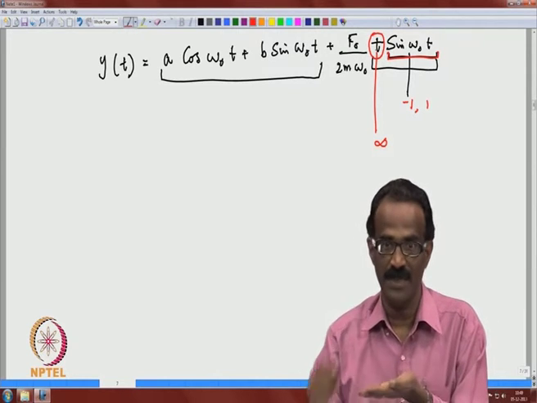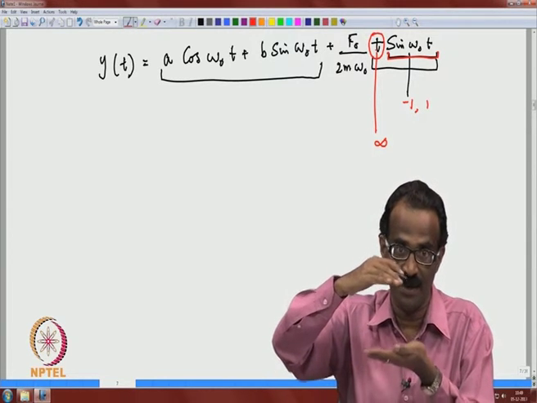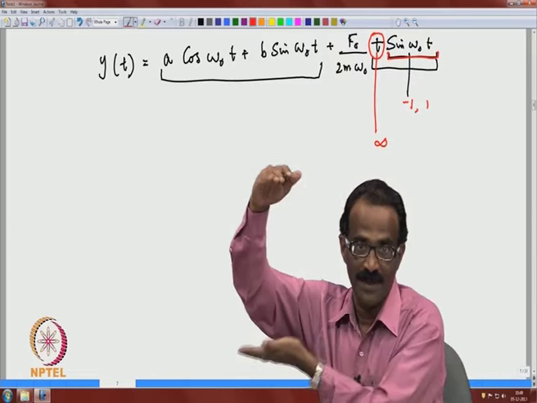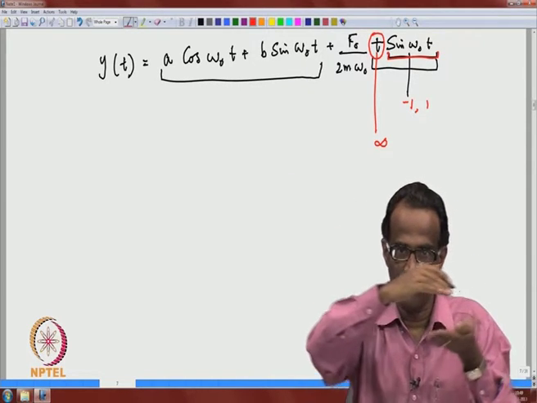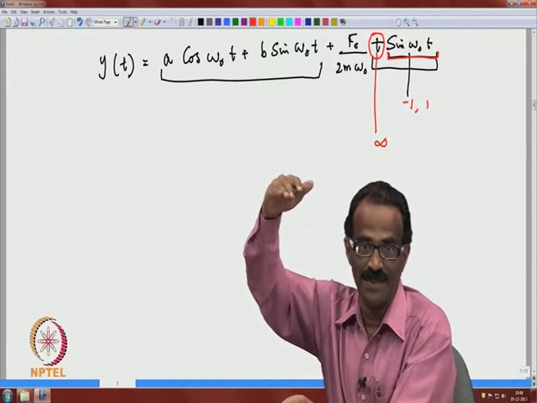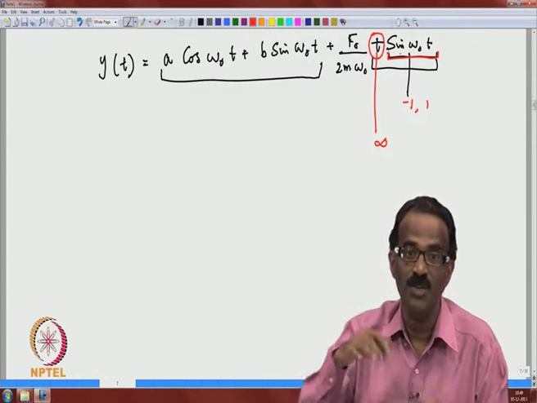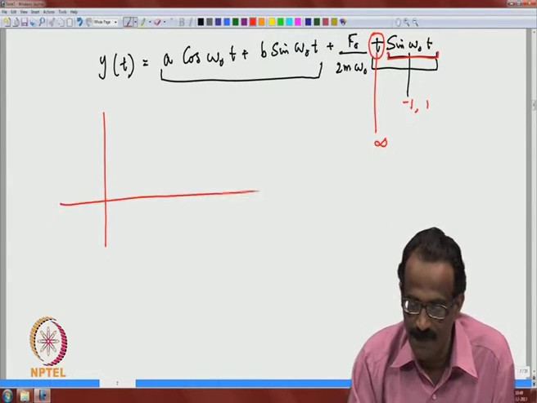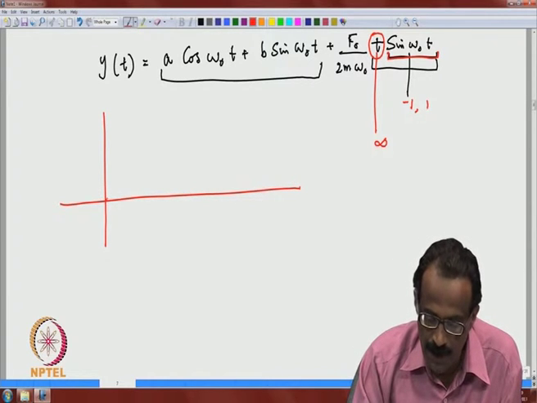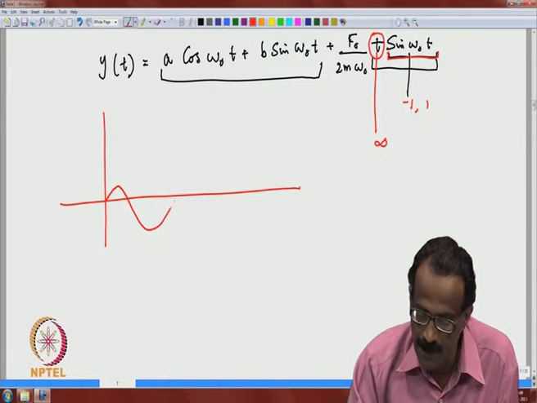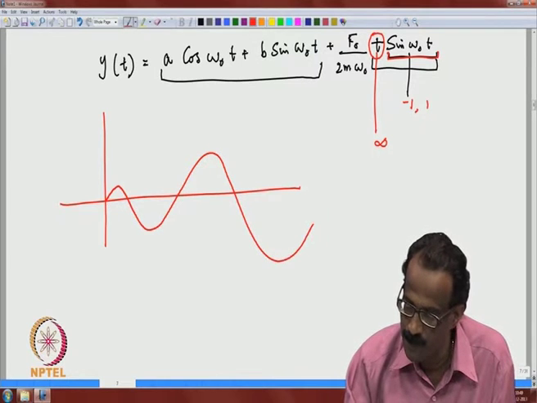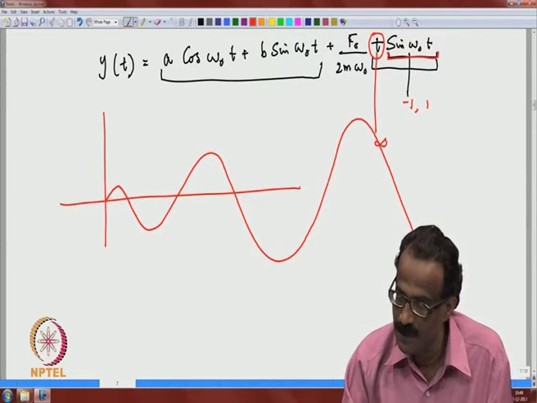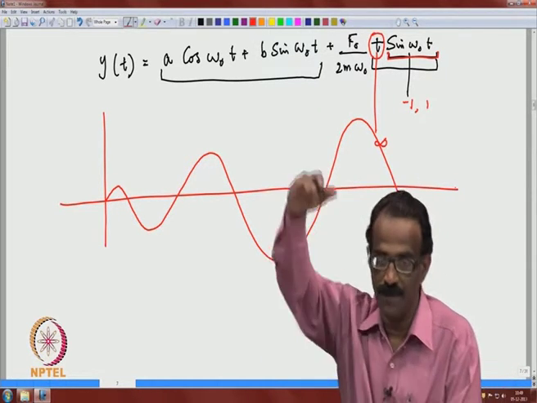When t becomes bigger and bigger, the amplitude increases, that means the vibrations become unbounded. If you plot this curve here, it may look like that. As time goes, you see it becomes bigger and bigger.